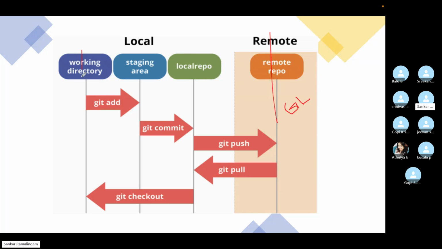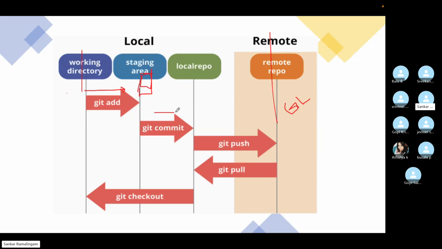Your working directory is your git bash. From there, whatever files you change or add, you can do a git add to put them in the staging area. The staging area is not even local, it is just before local. You can call it a stage for your commit.